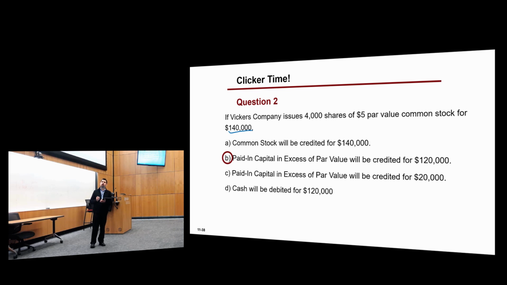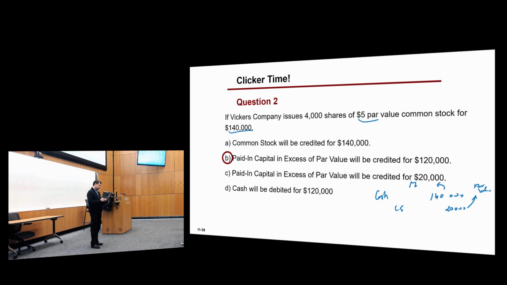That's the amount of cash that the company received. Par value is $5. So the company will debit cash 140,000. They will credit common stock 20,000. That's based on par value.